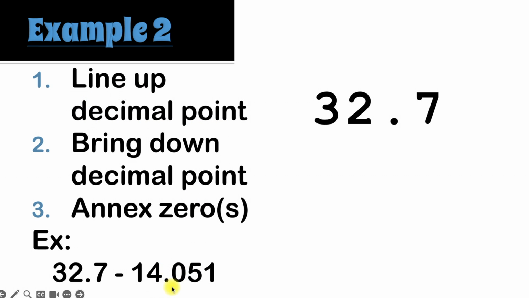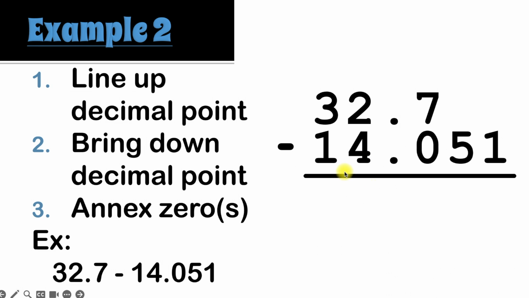So this decimal point here needs to be under our first decimal point, which means it should look just like this. Next, we'll make sure that we bring down the decimal point in our answer. And remember that always goes directly below the decimal points in the question. So we'll end up placing it right here.